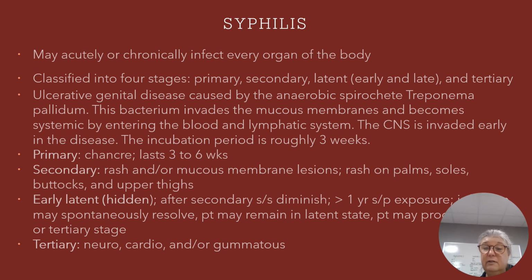It's classified into 4 stages: primary, secondary, latent, which is early and late, and tertiary. Tertiary stage is also classified as cardiovascular and gummatous. Neurosyphilis, which means it has traveled to the CNS, can be classified as tertiary, but can actually be present at any stage. Syphilis can get into your central nervous system.